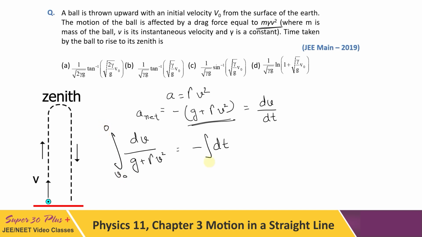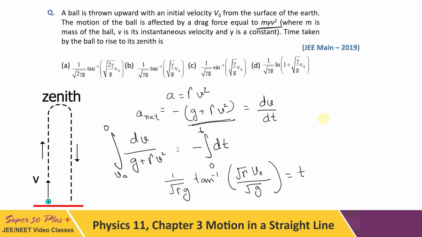So this is 0 and time will be from 0 to t. If you now integrate and substitute the limits, that will come as 1 upon root under gamma g tan inverse root gamma v0 upon root g is equal to t.